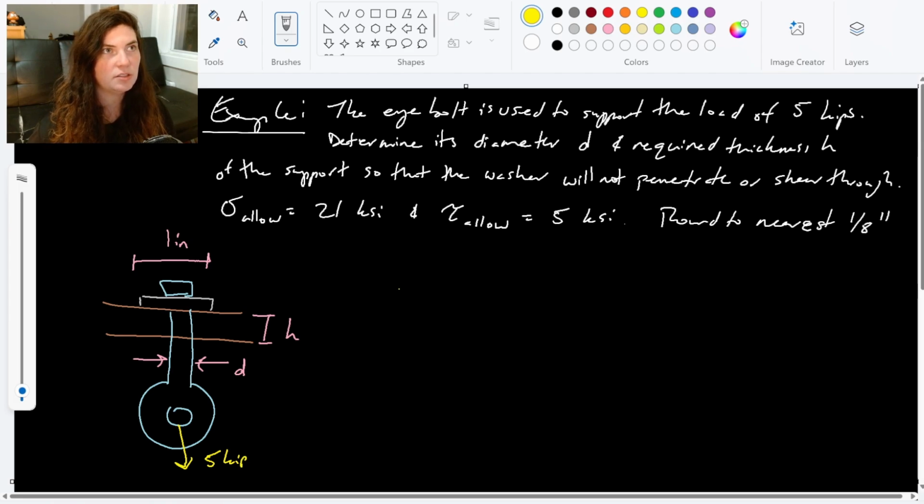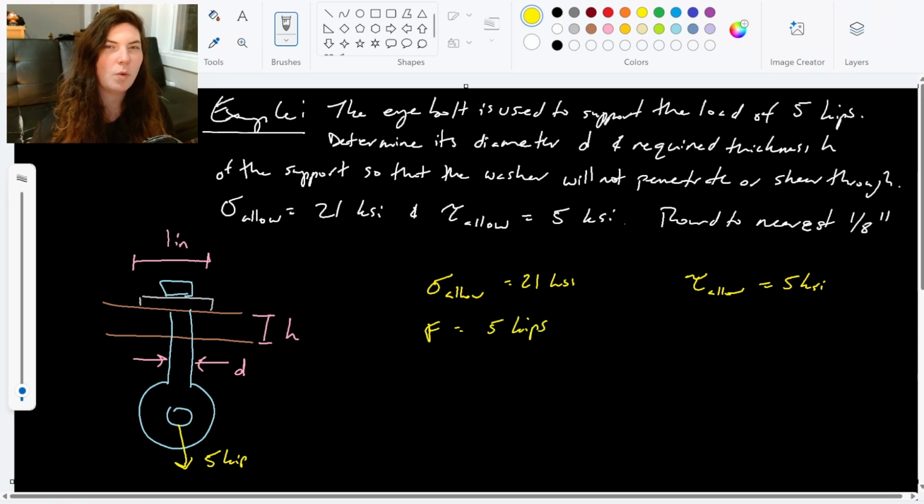So I have an allowable normal stress of 21 KSI, an allowable shear stress of 5 KSI, and the force is 5 kips.